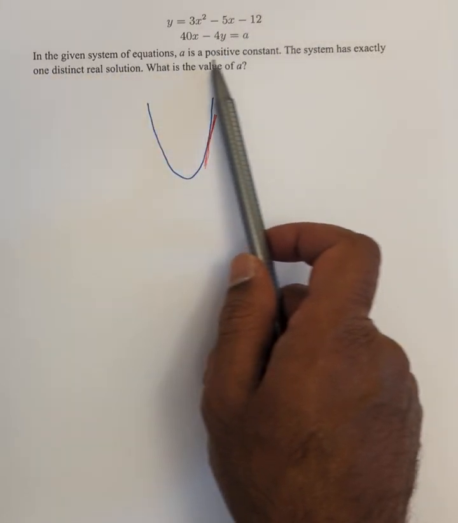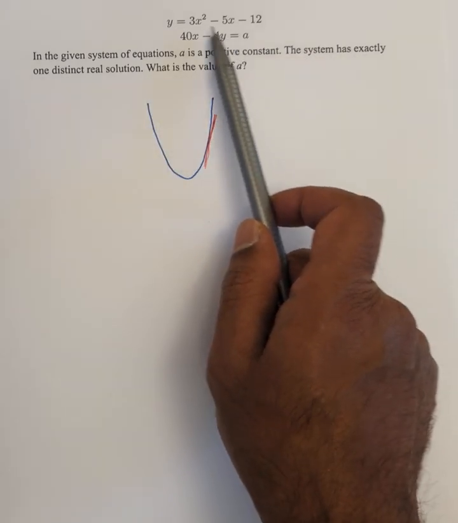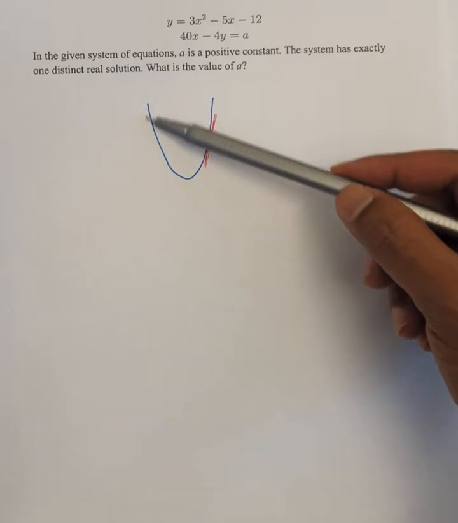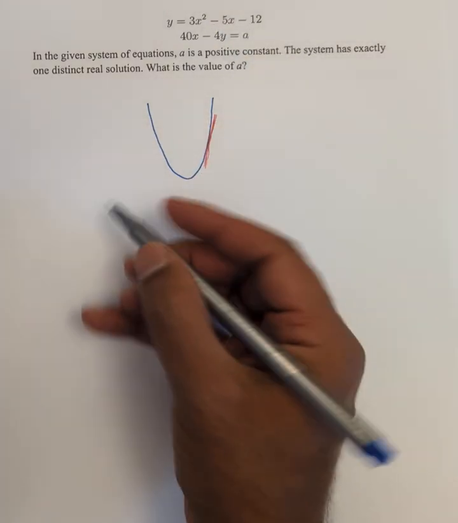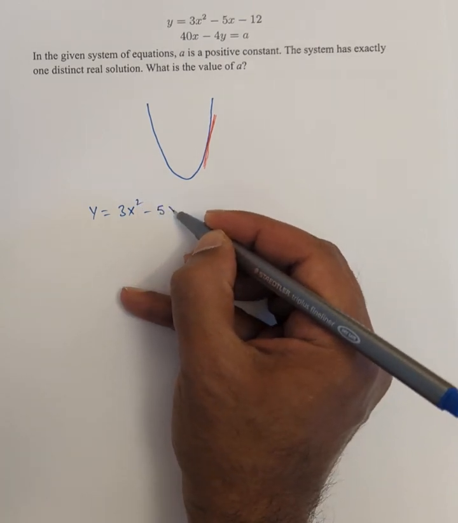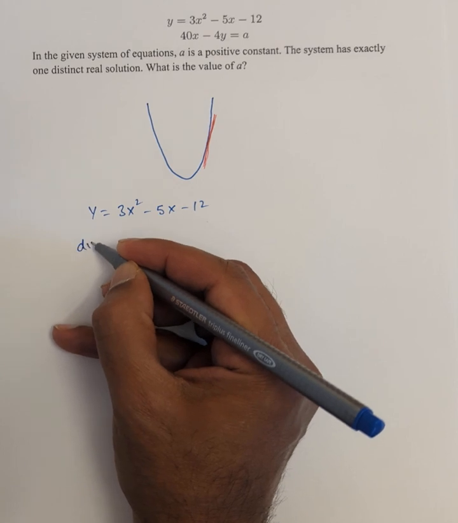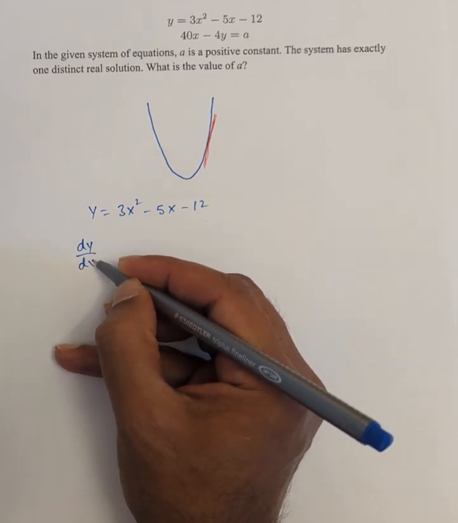So with that, let's read this problem one more time. You're given this system of equations and it has exactly one distinct solution, which means the derivative of this parabola. Now notice, if y is equal to 3x square minus 5x minus 12, what is its derivative? The notation for derivative is dy over dx.